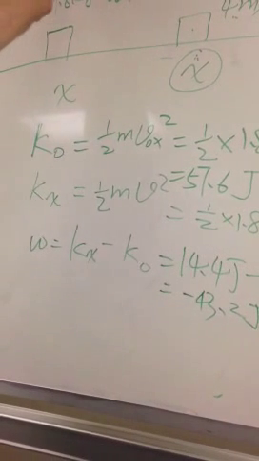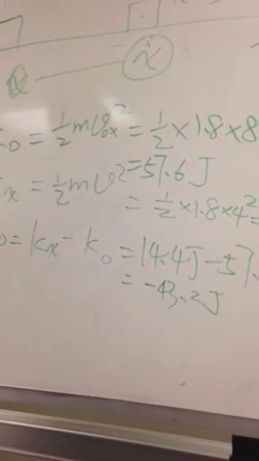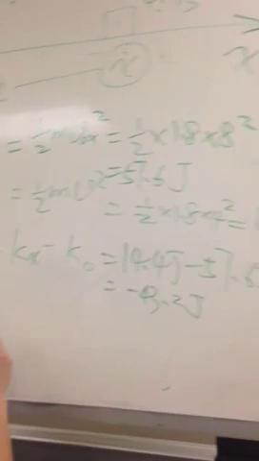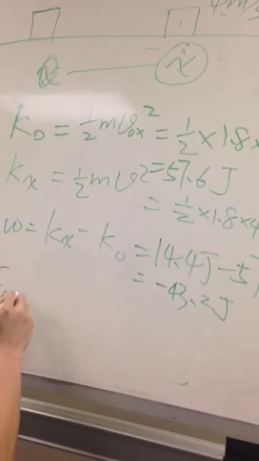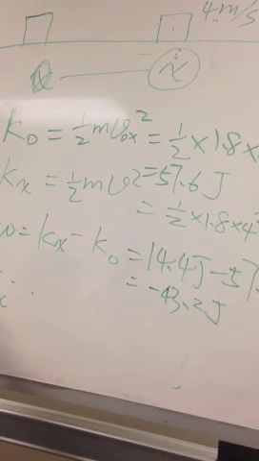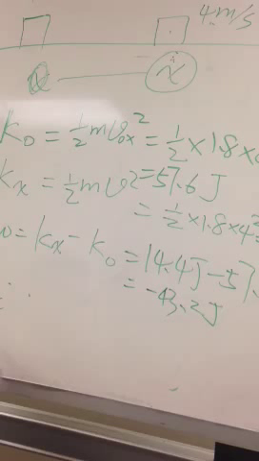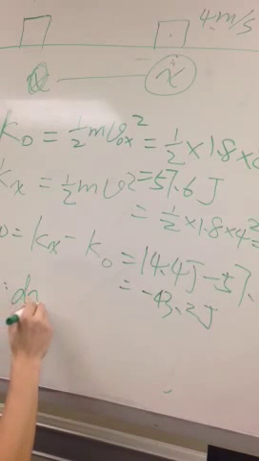That's how much work this force did from 0 to x, right? And the work will be the integral of Fx from 0 to x, we don't know which x this is, times dx.